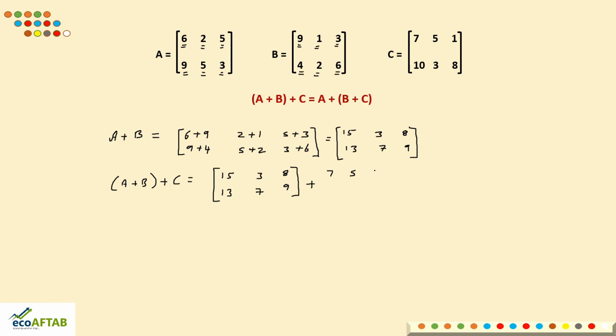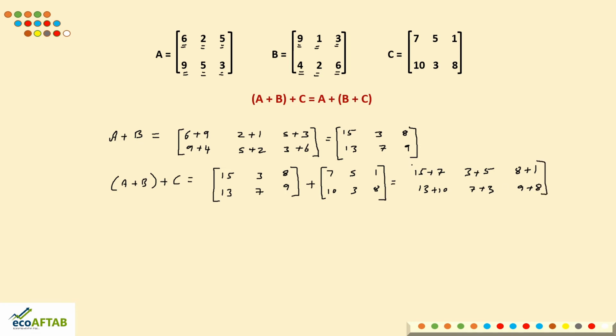Adding the matrix 7, 5, 1, 10, 3, 8, this is going to be equal to 15 plus 7, 3 plus 5, 8 plus 1, 13 plus 10, 7 plus 3, 9 plus 8.